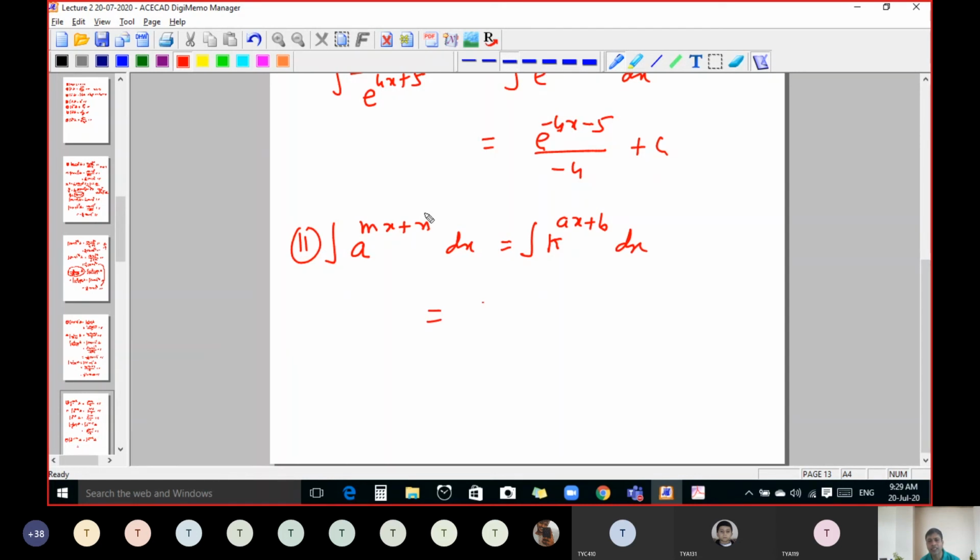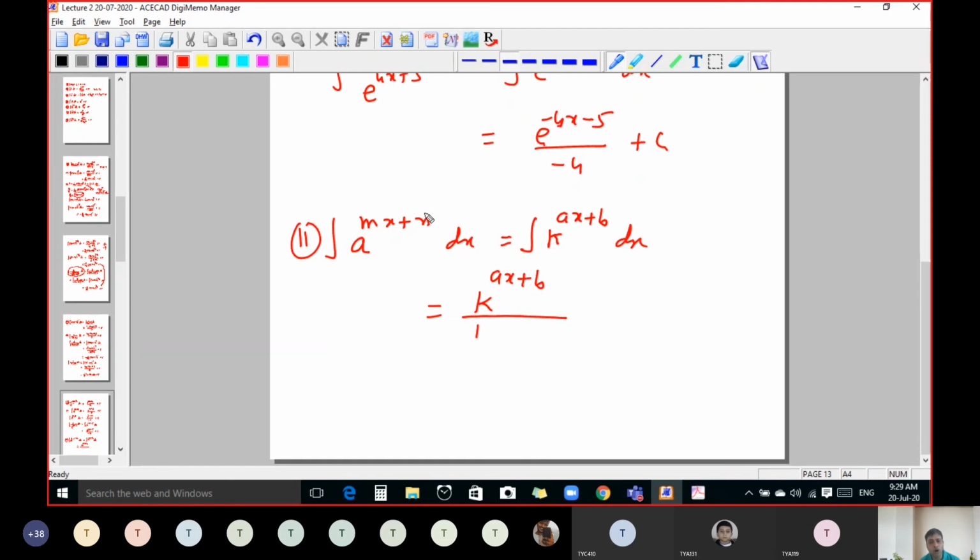The answer is k raised to ax plus b upon log k base e into coefficient of x, that is what, a plus c. Example, integration of 5 raised to 3x plus 4.